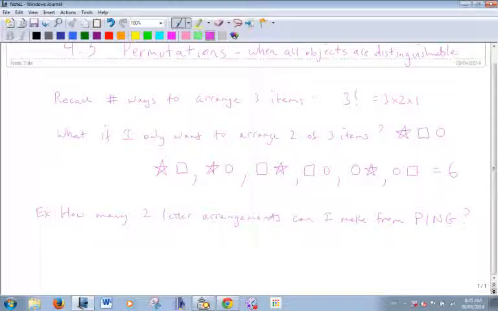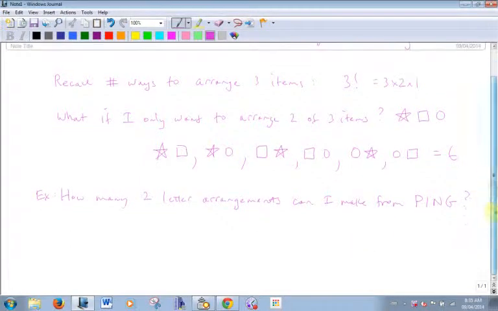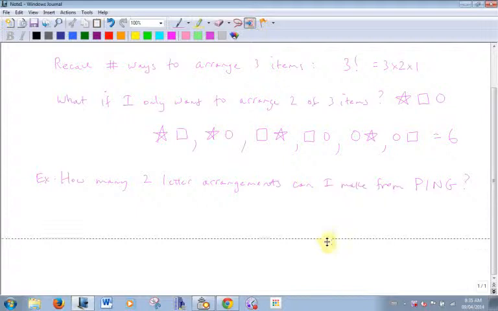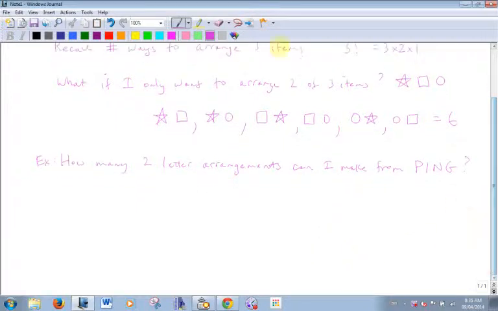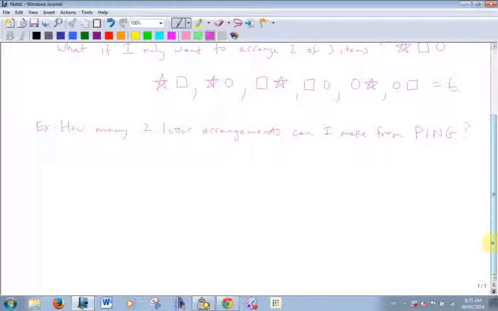How many different 2-letter arrangements can I have from there? Anyone want to take a guess? Nice medium-sized number? No? All right. Let's do it. Physically, visually, okay, good guess. Let's find out. Let's see what happens, okay?